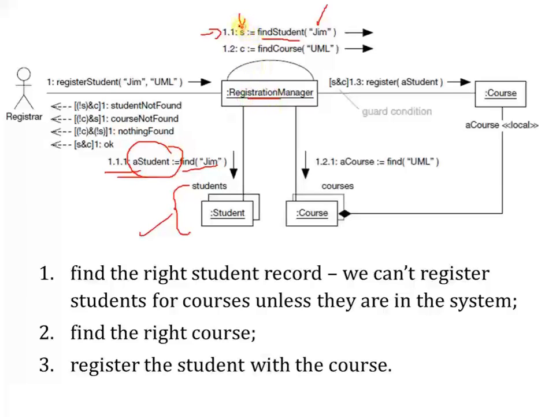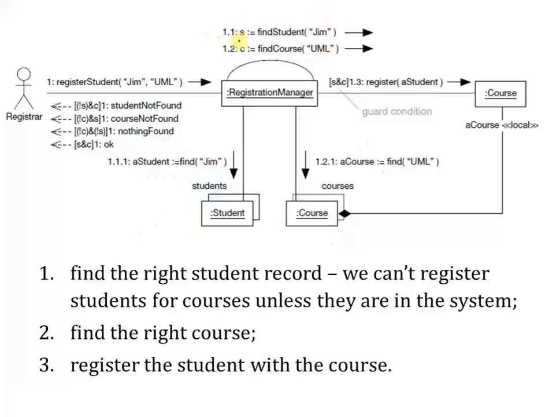Now S stores the value of Jim's details. Similarly, the next message is finding the course called UML, 1.2. After this is done, I'm going to find the course, and if the course called UML is present in the list, then a course is returned over here. So here C holds the details of the UML course.